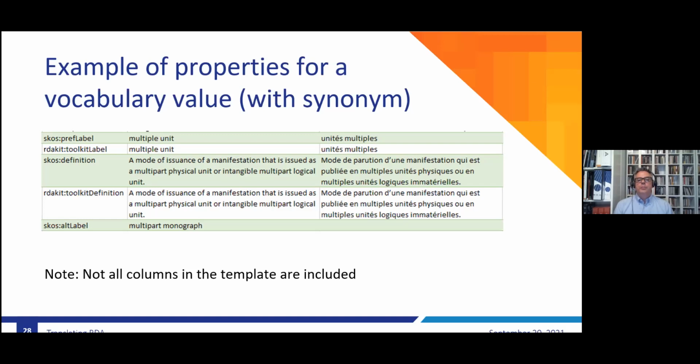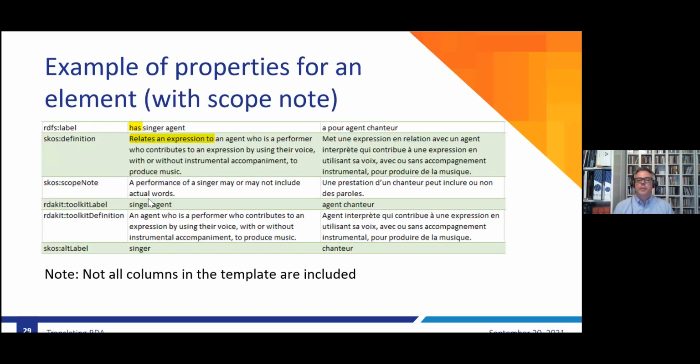For this value, multiple unit, the term multi-part monograph was added as a synonym. This other slide shows how the properties for an element are displayed in the translation template. You can see how the registry label and definition are derived from the toolkit label and definition. For this element, a scope note is included. And once again, not all columns in the template are included.